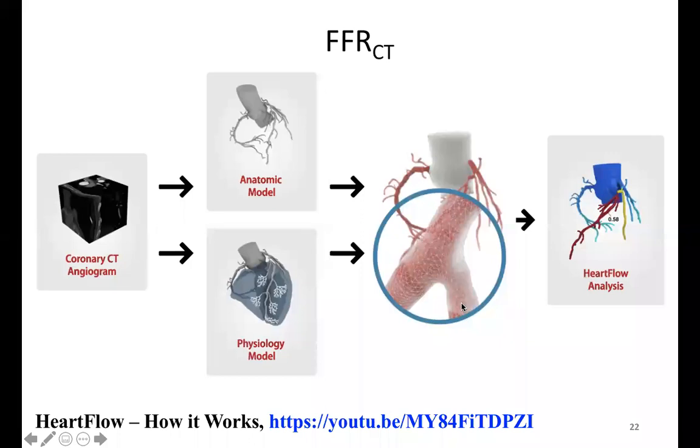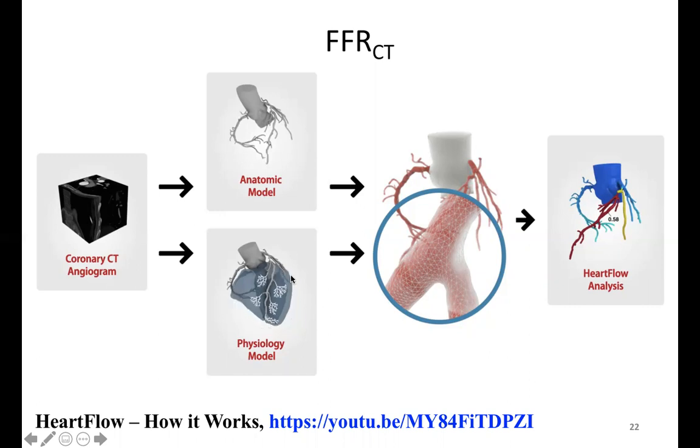You can quantitatively look at the severity of a lesion, and with CT, what is done is you can compute the fractional flow reserve, FFR, with the CT scan without being in an interventional lab where you put basically a pressure wire across the stenosis. So you start with your 3D coronary CT angiogram. You segment out using your favorite segmentation routine, which is usually deep learning these days.